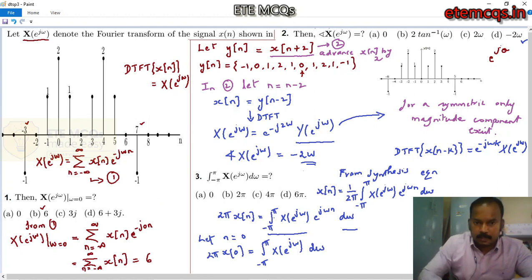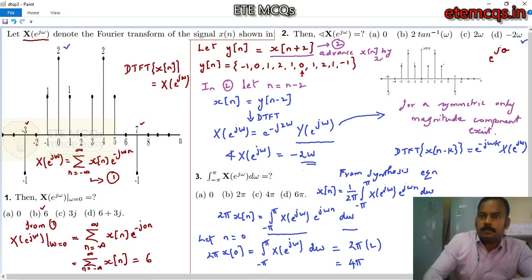So finally we know that x of 0, as given in the question, is 2. X of 0 is 2. So you can substitute 2 here. I am just replacing x of 0 by 2. So I will get 2 pi into 2, which is equal to 4 pi. So 4 pi is your final solution for the third one.